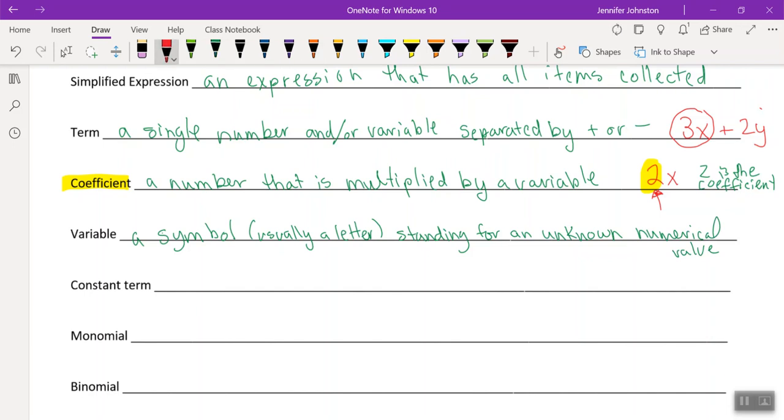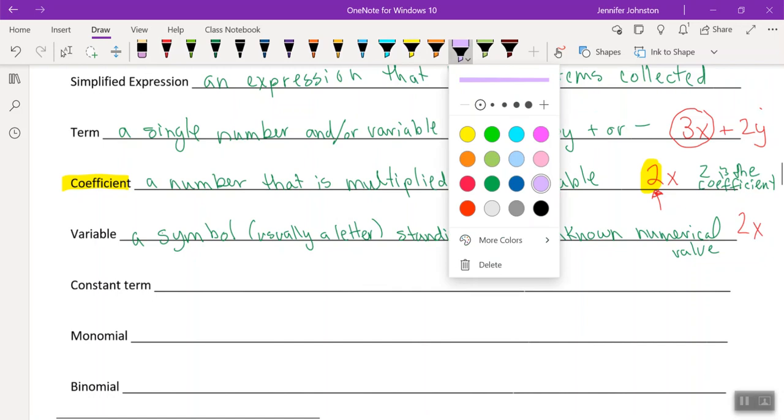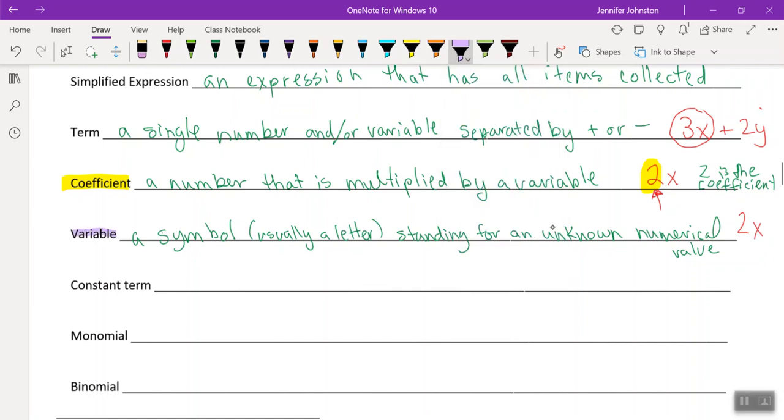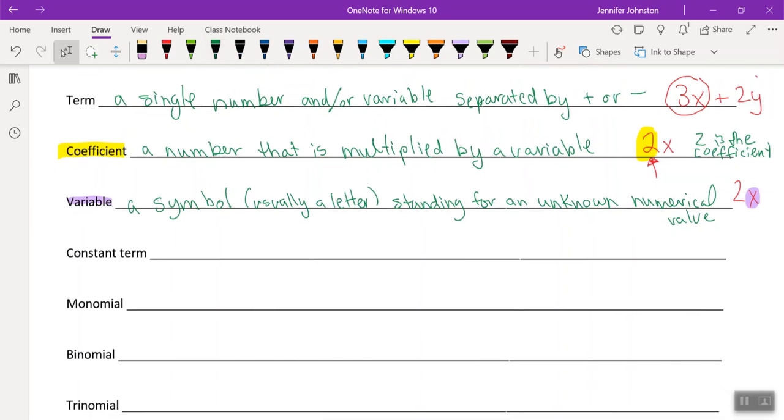So if we go back to this problem, the 2x, 2 is our coefficient, x would be the variable. So in this case, the x is our variable. Or above, it would be apples.